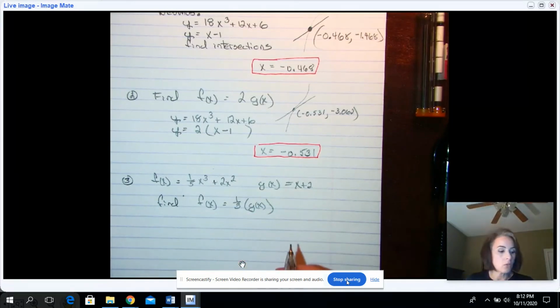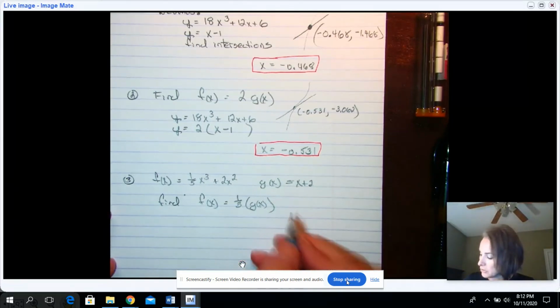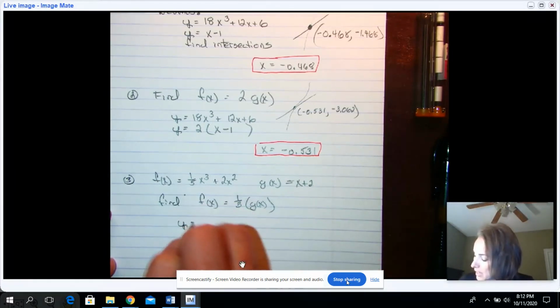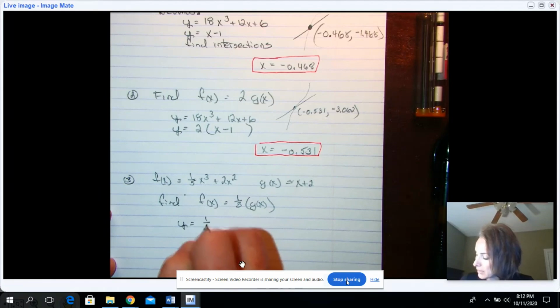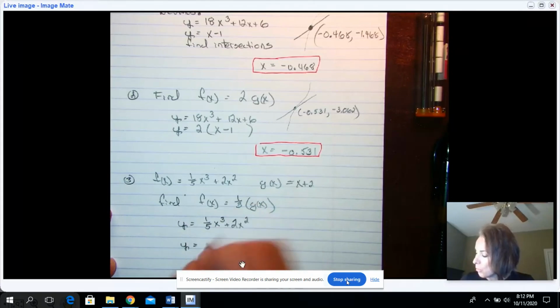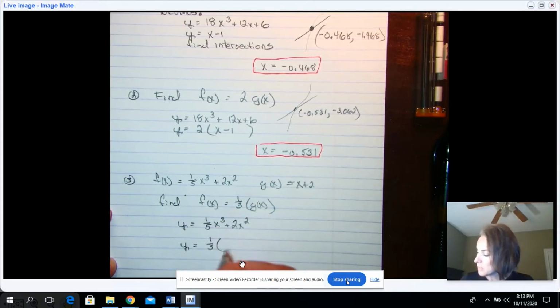When does f of x equal 1/3 of g of x? So again, you're going to go into your Desmos or your graphing calculator, whichever one you're using. 1/5 x to the third plus 2x squared, and then you're going to go 1/3 times all of g of x. So the whole function, x plus 2.